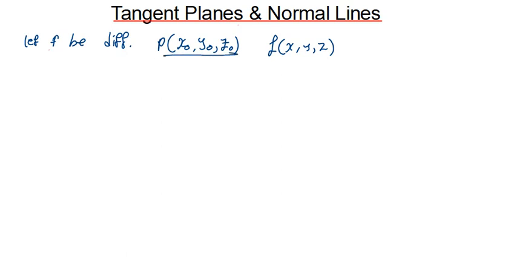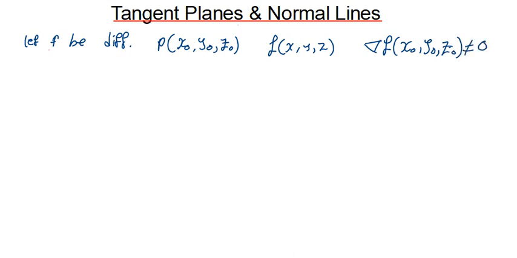Then, when you try to determine the gradient, or the normal vector, at that point, this should not be equal to 0.